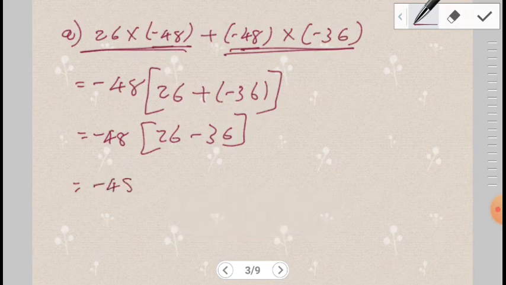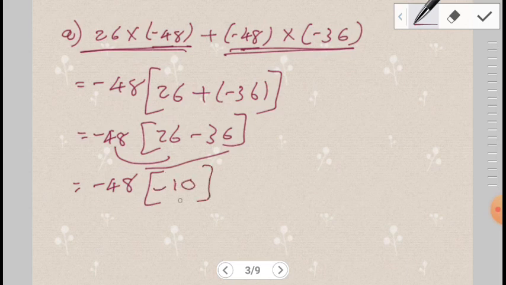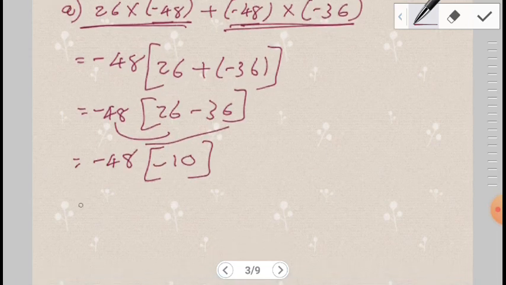Minus 48 will get distributed over 26 and minus 36, but we will solve these brackets. 26 and minus 36, so I will get here minus 10, and minus minus plus, so I will get 480 in positive form.